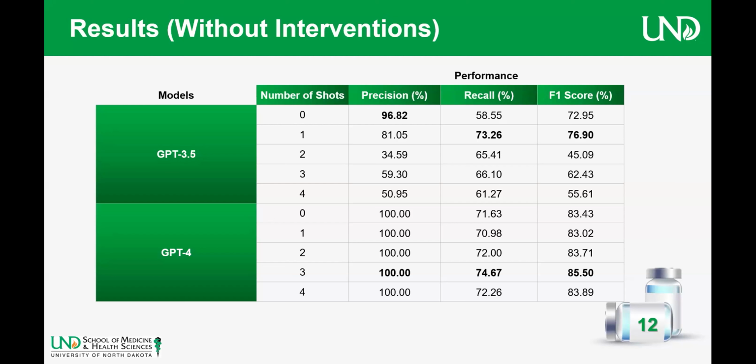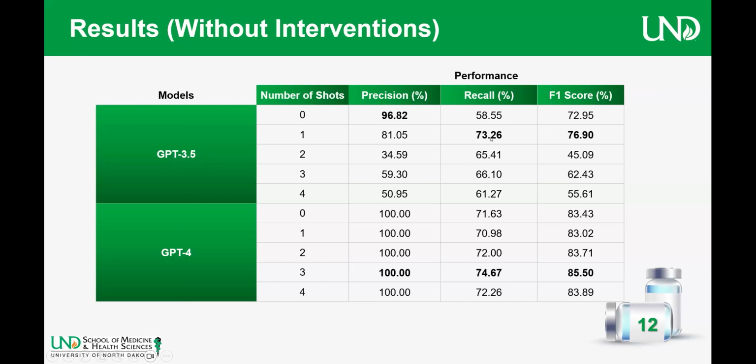This is the result for the without intervention setting for GPT 3.5 and GPT 4. We tried 0-shot, as well as 1-shot, 2-shot, 3-shot, and 4-shot settings. We found that for GPT 3.5, the 0-shot setting provides the highest precision of 96.82%.